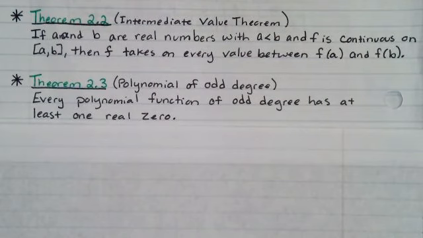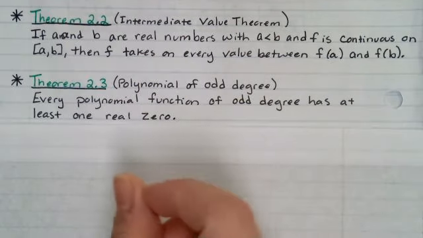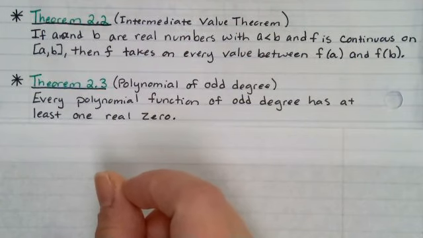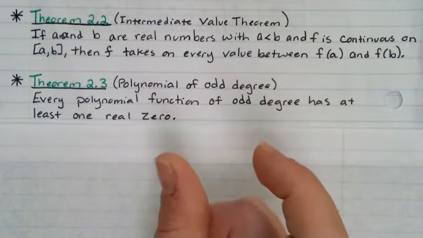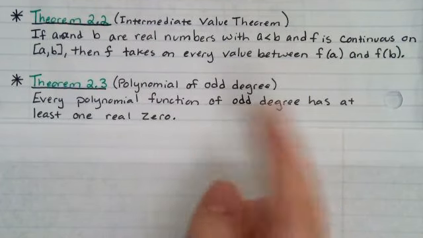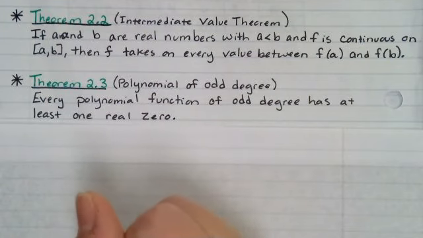That seems like common sense, but it's one of those ideas that gets used in very advanced math topics down the line. So now you can say, I understand a math topic from really advanced math classes. It just says that if you have a continuous function with no breaks, then everywhere in that interval of your x values, you're also going to have a y value because there are no breaks.